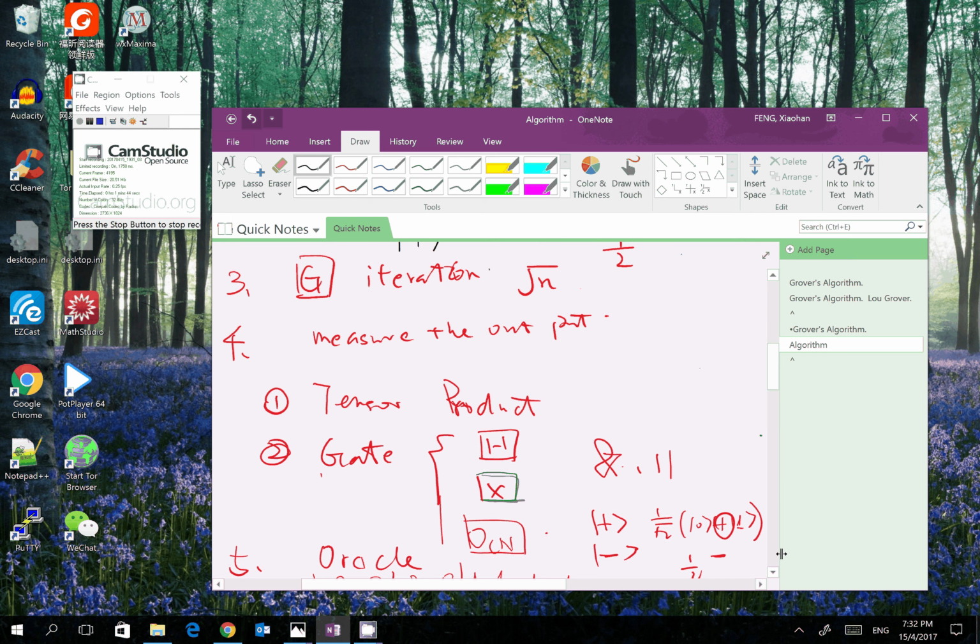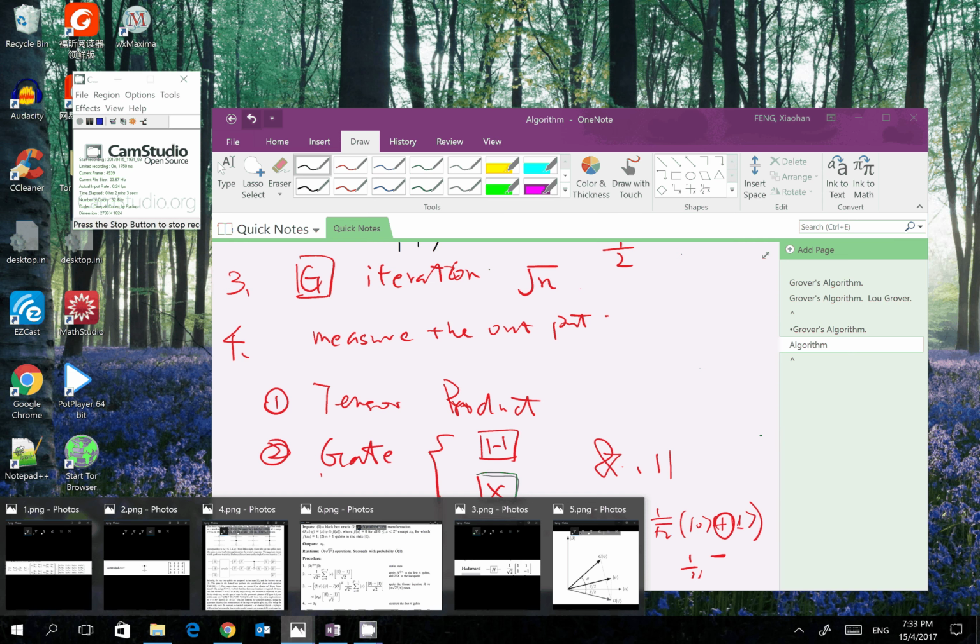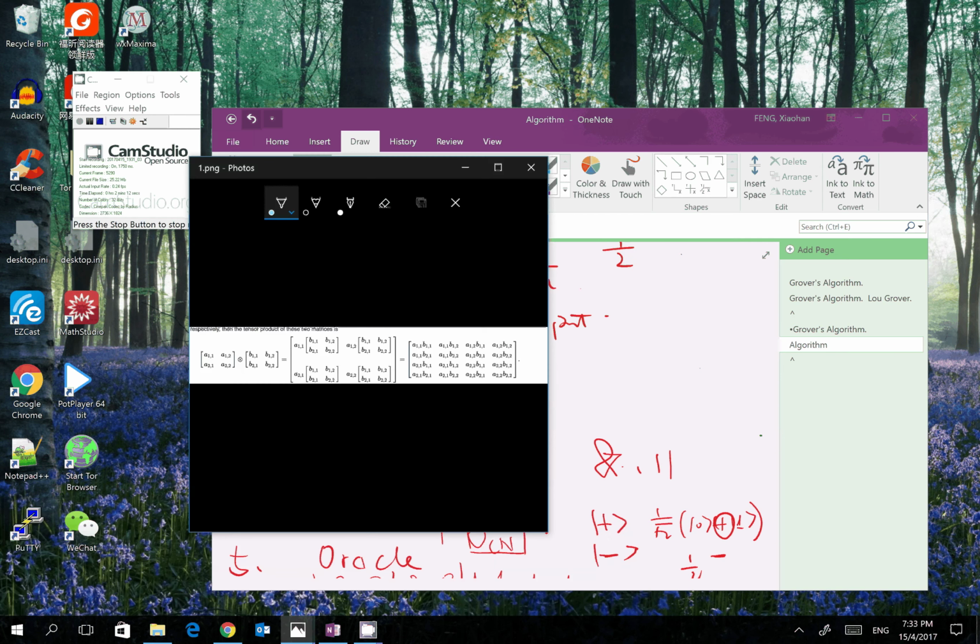And now I will tell you some basic notations with a simple example that only involves 2 qubits. The first notation that I want to mention is the tensor product, which has already been covered in our lecture video. I don't want to spend much time on it since we have learned it, but I want to emphasize that if you do a tensor product between two 2x2 matrices, you will get a 4x4 matrix.